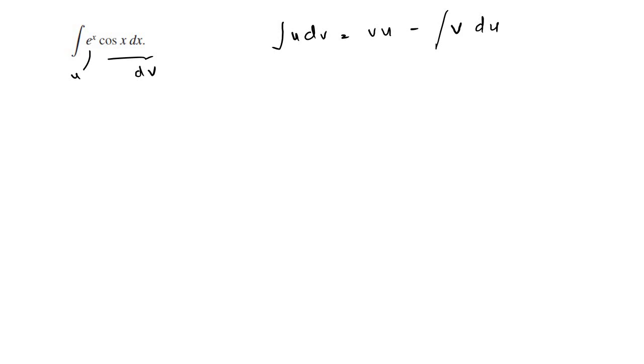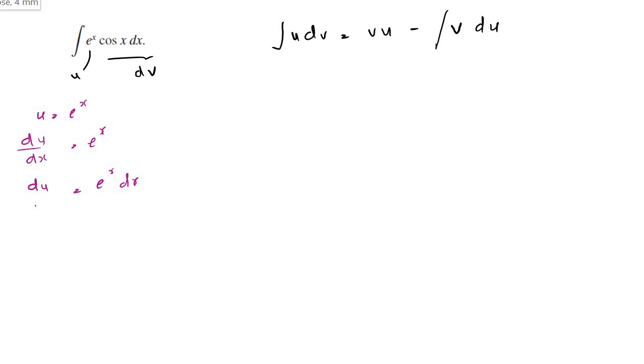If u is equal to e to the power x, du over dx is equal to e to the power x. We know the differentiation of e to the power x is e to the power x. So du is equal to e to the power x dx. That's du over dx.